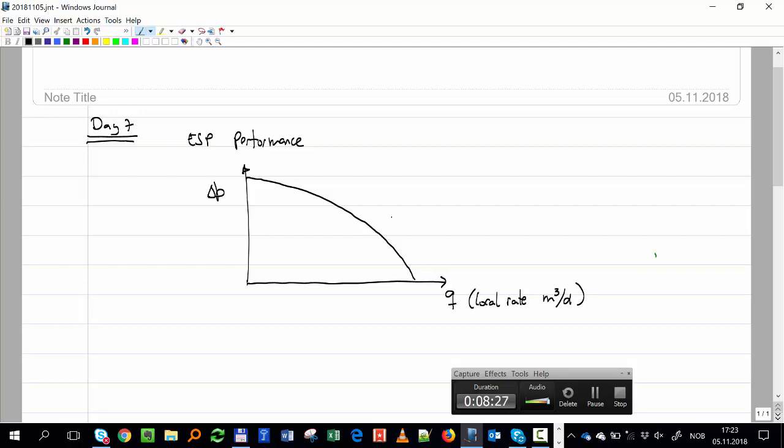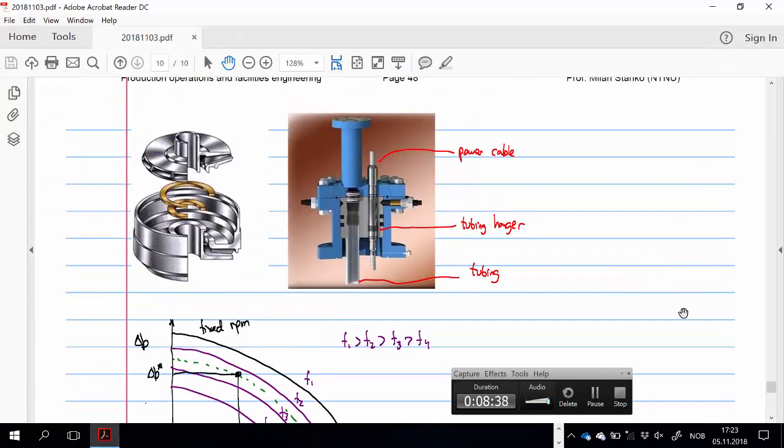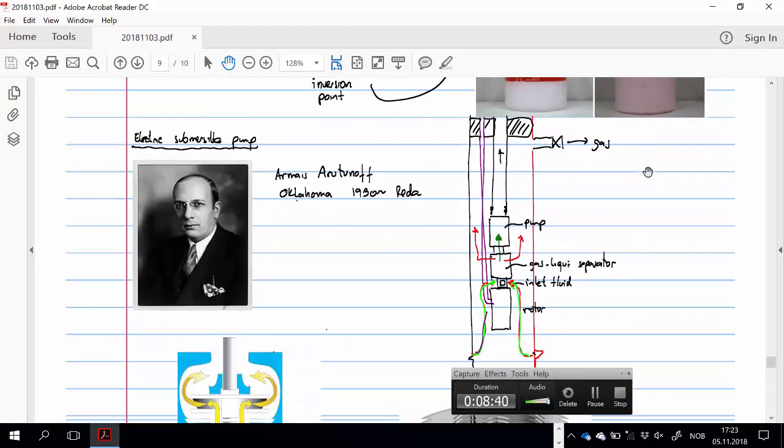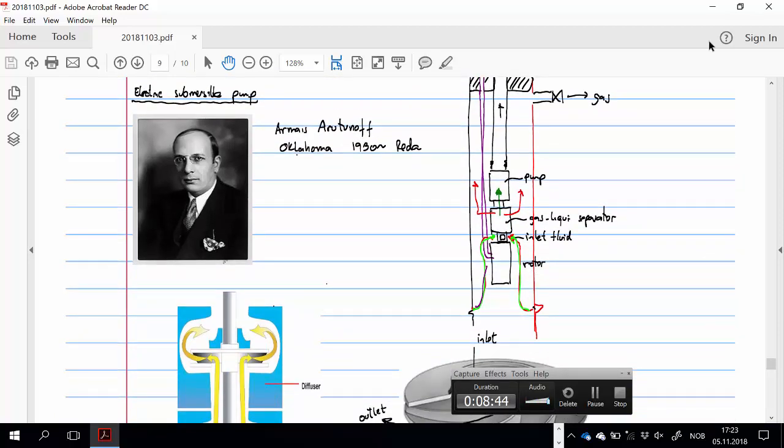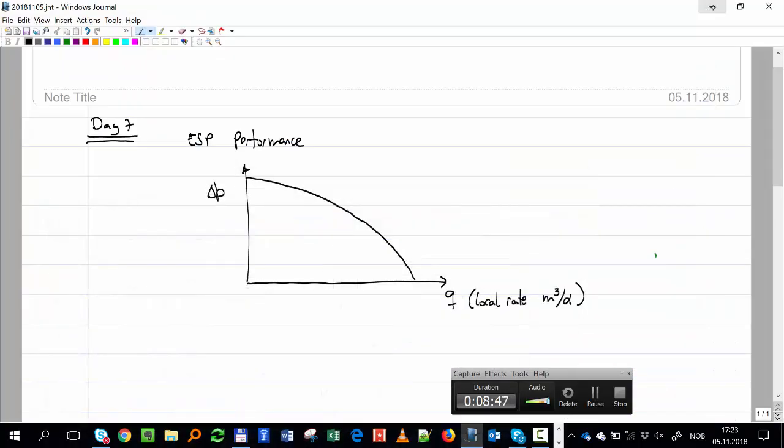And the reason for that shape is that the pump has a motor, right? We already mentioned here it has a motor someplace there. How can you calculate the hydraulic power, if you remember that expression?